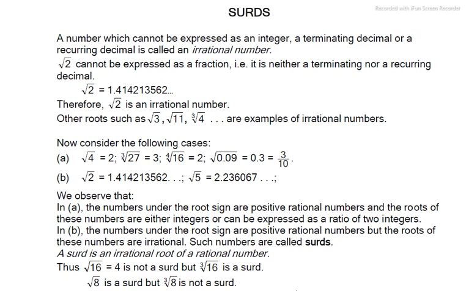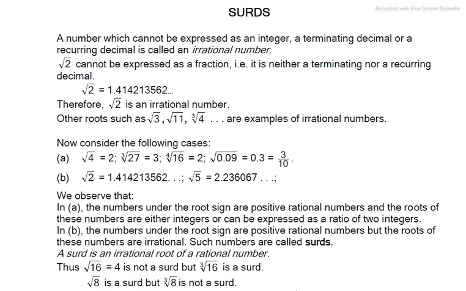For instance, root of 2. We can't get root 2, so it is a surd. Root of 5 is a surd. So therefore, a surd is an irrational root of a rational number. Hope we are together now. We know what a surd is. For instance, root 8.